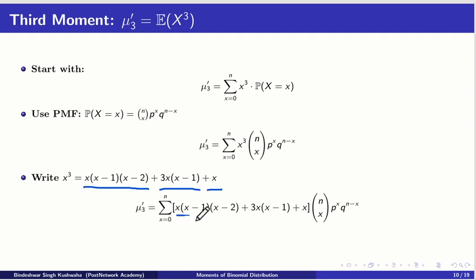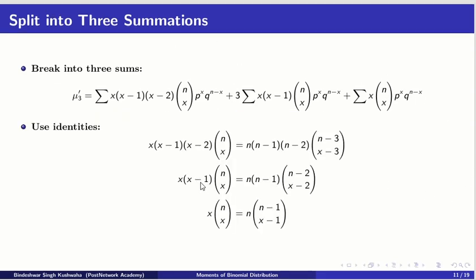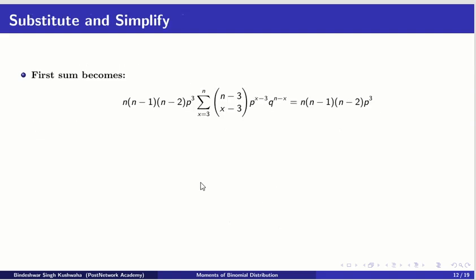So if you plug it in, we will get this, and let us distribute, and thereafter we will get three expressions, this one, and this one. That is again the mean, np. So let us solve like this one. If we use these identities, we will get this one.